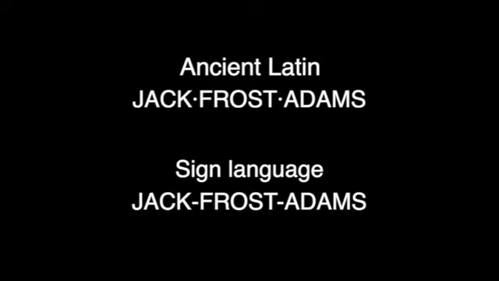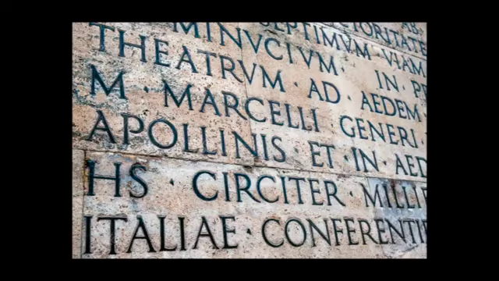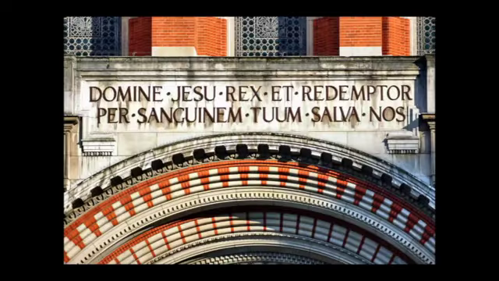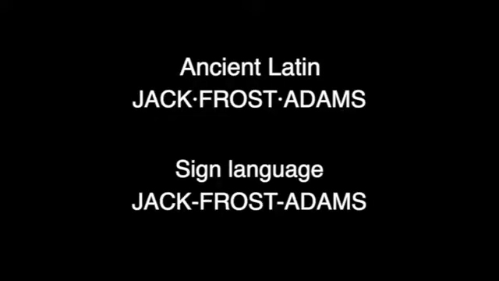The only difference is that with sign language you have hyphens, and with ancient Latin you have interpuncts, the little dots in the middle of the space between the words to join them together. Exactly like sign language, the hyphen is there to join the words together, and the interpunct is there to join the words together in ancient Latin. But because ancient Latin hasn't been used for over 200 years, we can scrap that. Yeah, but that is the other way.